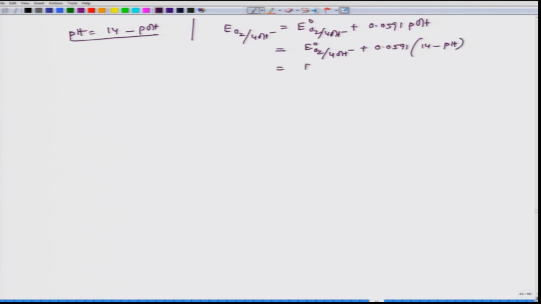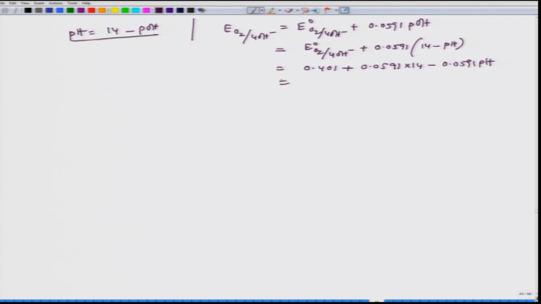This value is, as we have calculated, 0.401 plus 0.0591 into 14 minus 0.0591 pH.